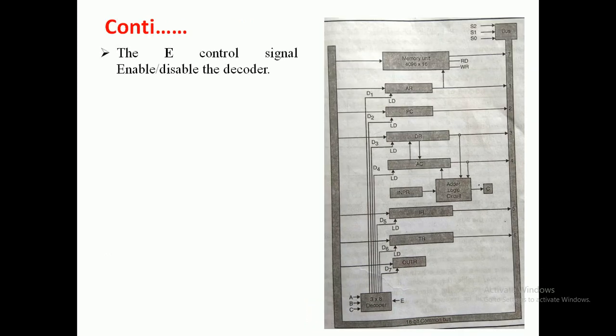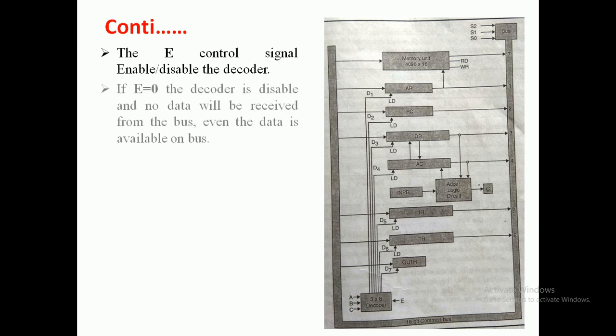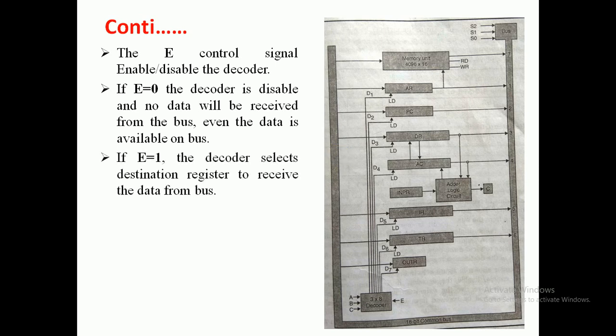If E is equal to 0, the decoder is disabled and no data will be received from the bus even if the data is available on the bus. If E is equal to 0, this decoder is disabled. As the decoder is disabled, your load function is disabled and it will not receive any data from the 16-bit common bus. If E is equal to 1, the decoder selects the destination register to receive the data from the bus.